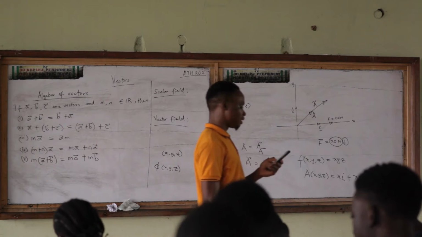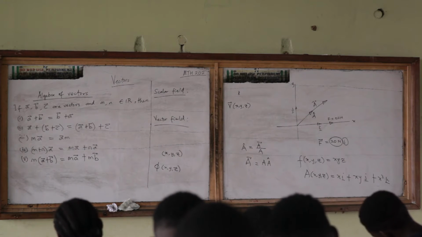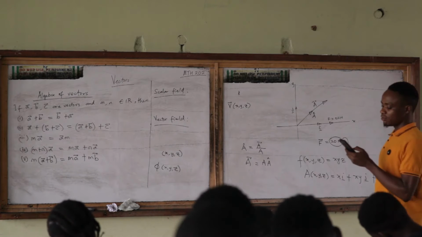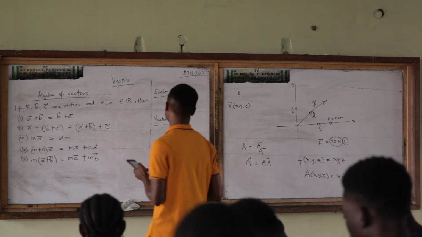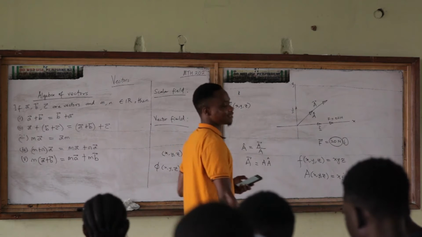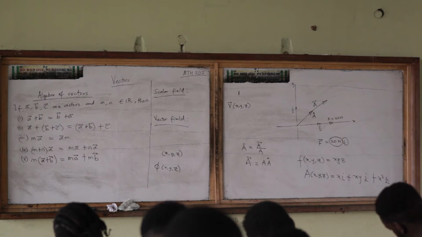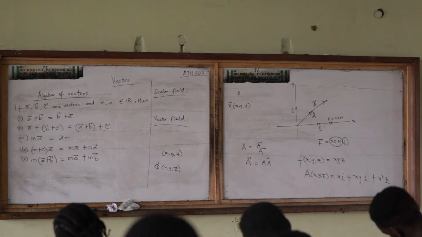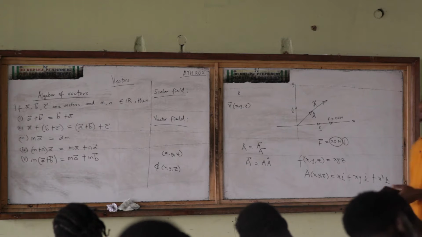Example, write it down. Number 1. If the velocity at any point within a moving fluid is known at a certain time, then a vector field is defined.